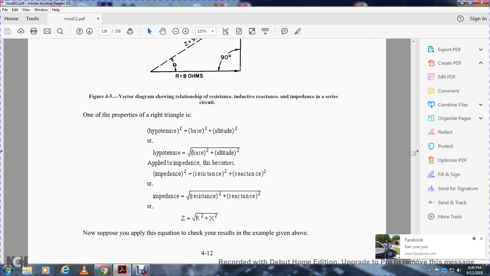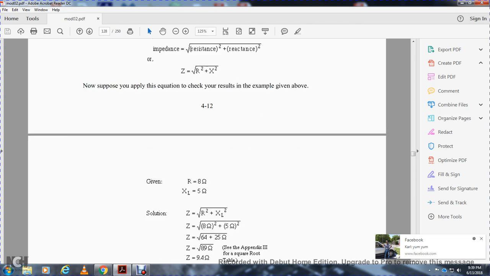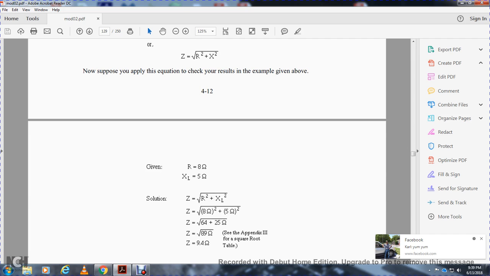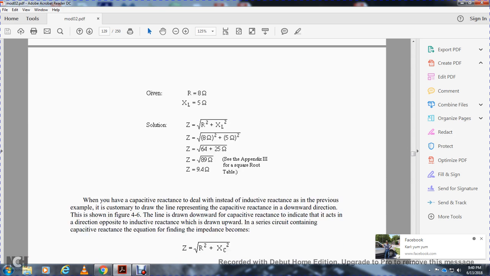Now apply the equation and check the result with the example given below. Your resistance is 8 ohms, your reactance is 5 ohms. You have 8 ohms squared, 64, plus 25, 89. The square root of 89 gives an impedance of 9.4 ohms.